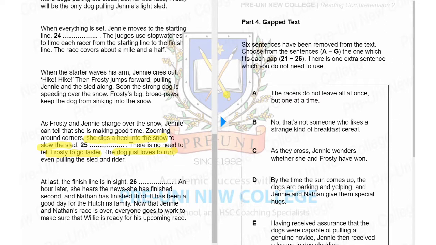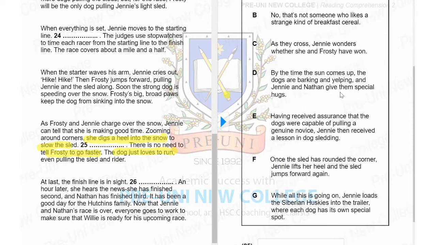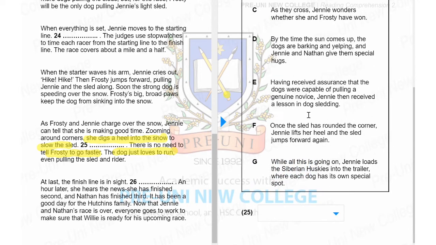So the correct answer option should be talking about Jenny's techniques during the race, and probably something about the change in speed as well, since she starts slow here and then goes faster in the next sentence. So the correct answer option is going to be option F, which tells us that once the sled rounds the corner, Jenny lifts her heel and the sled jumps forward again in speed. So option F is the correct answer.